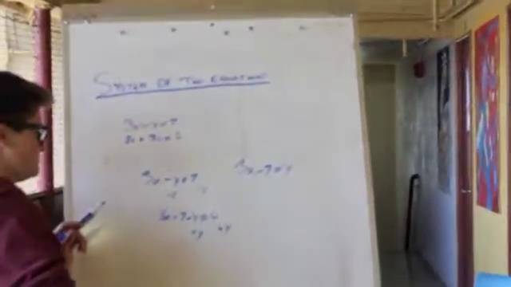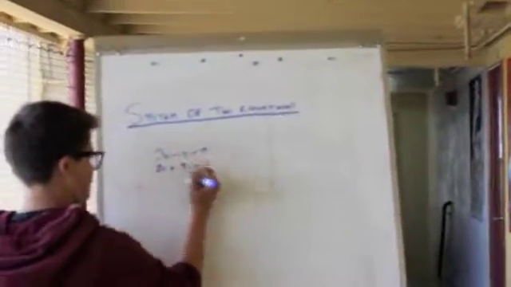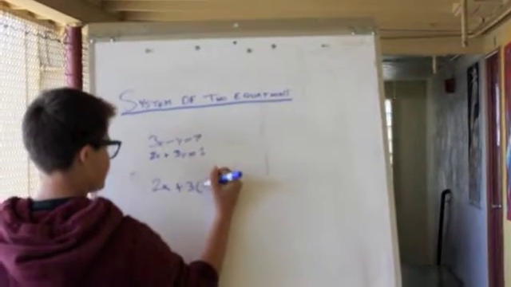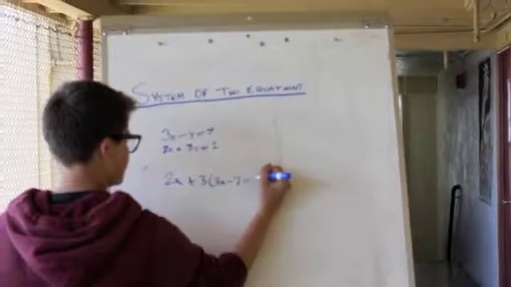So we take that and we plug that into the second equation. Now it's 2x plus 3, and then in parentheses 3x minus 7, equals 1.